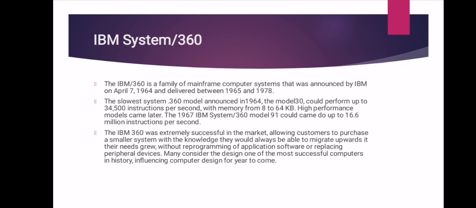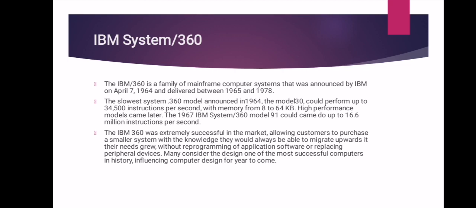IBM System 360 is a family of mainframe computer systems that was announced by IBM on April 7, 1964. It was extremely successful in the market, allowing customers to purchase a smaller system with the knowledge that they could migrate upward as they needed to grow without reprogramming application software.